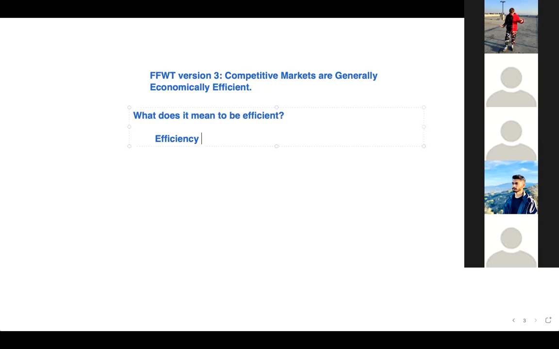Okay. So what economists really mean is, well, I'll say efficiency, definition 1: Pareto efficiency. Okay. Now, what is Pareto efficiency?